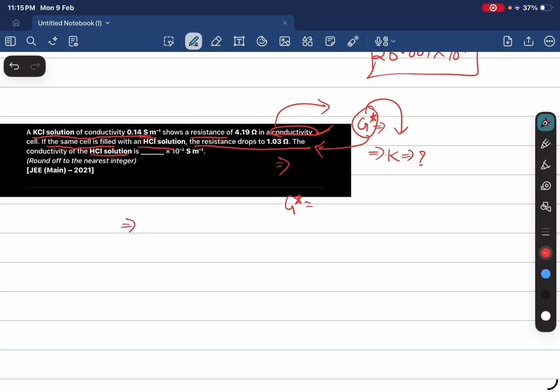Kappa of KCl equals 0.14 Siemens per meter, and R value for the first one is 4.19 ohm, and R of HCl is given, which we can discuss at last, 1.03 ohm.